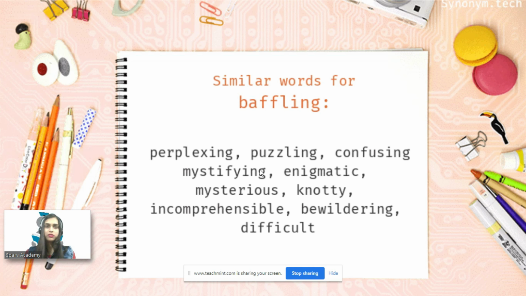At the end of the video we will do a quiz again, and I can change the word. If I ask for a similar word for puzzling, you need to type baffling. If I ask for a similar word for confusing, you can type puzzling, baffling, difficult, bewildering, or mysterious, any one of those words.